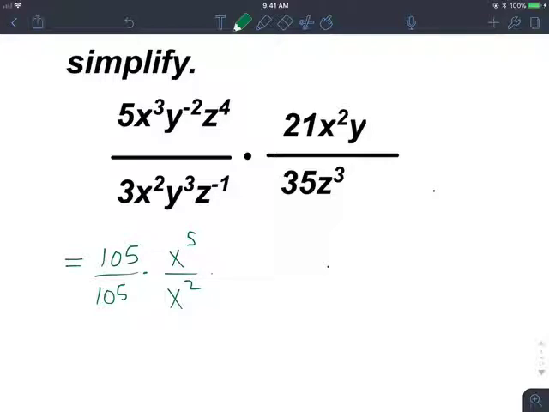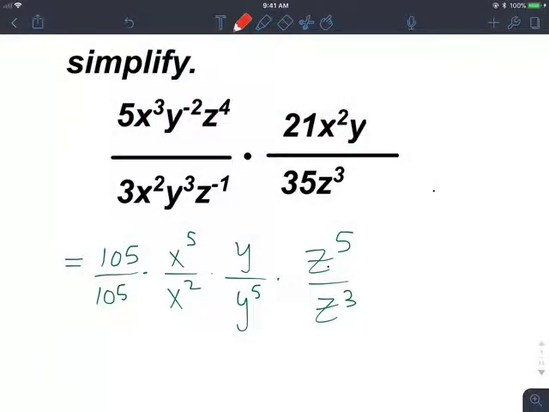So y to the fifth is now downstairs. And that's downstairs, so I only have one y up top. Now let's deal with our z's. Oh, I have a negative down here, so that needs to come up. So now this is z to the power of 5 upstairs. And down below I have z cubed.